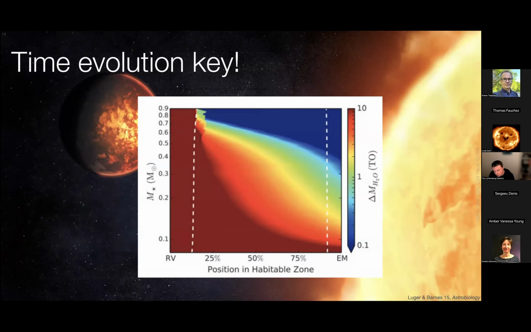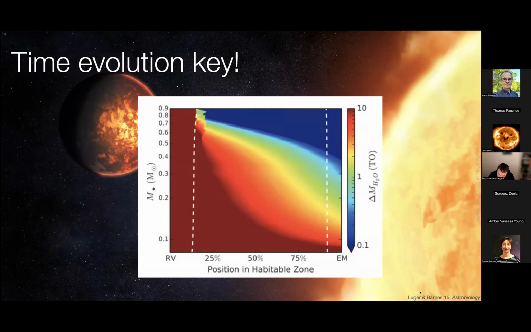Then what I haven't talked so much about yet is that time evolution is key. Of course, we know that escape, at least to a certain extent, shapes the exoplanet population. This is just a plot from Rodrigo Luger and Rory, who is also here in the audience, I think, from some time ago, which essentially made these predictions seminally for how a huge loss of water can potentially lead to oxygen buildup.